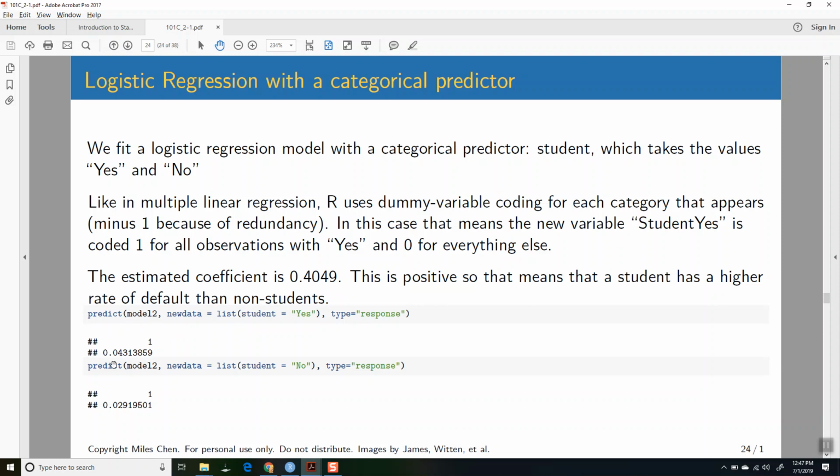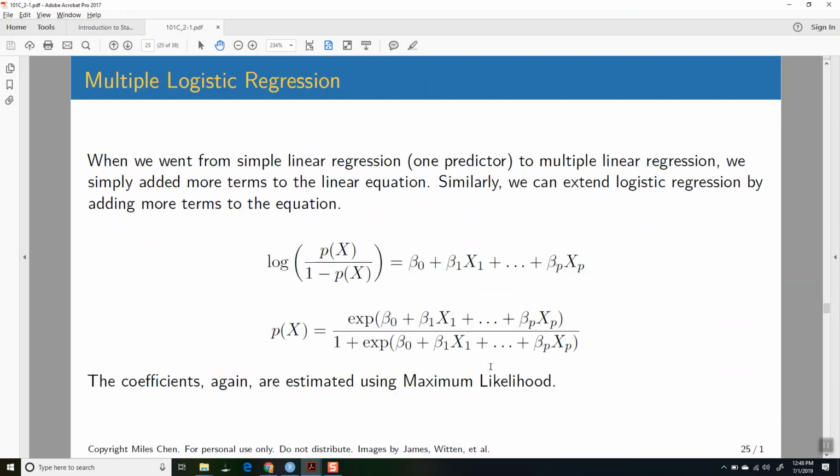And if we ask to make predictions for people who are students, the probability of defaulting is 0.04, and for people who are not students, the probability of defaulting is 0.029. So it does affect the probability of default. All right, so that's logistic regression with a categorical predictor.